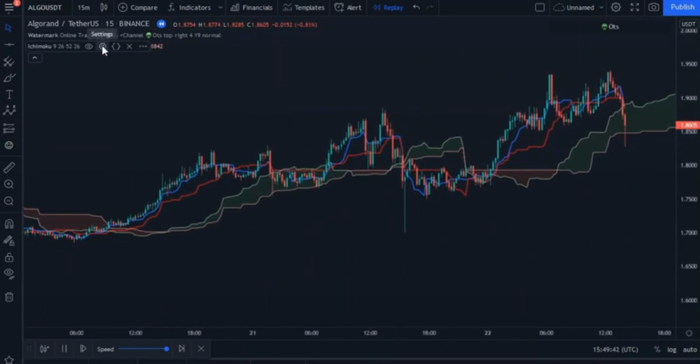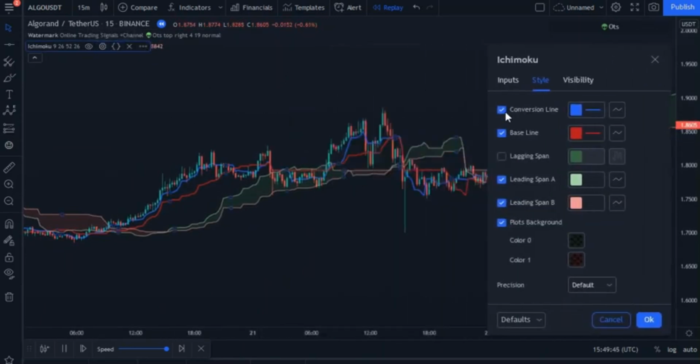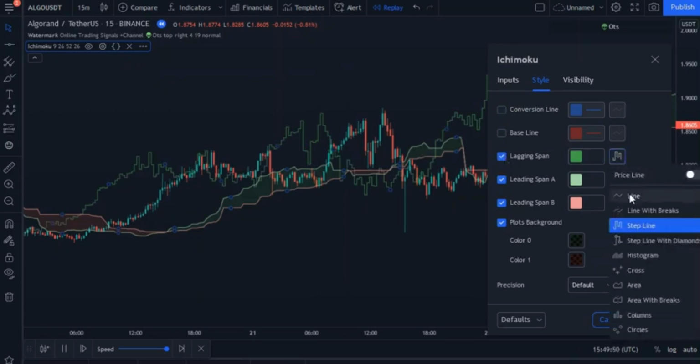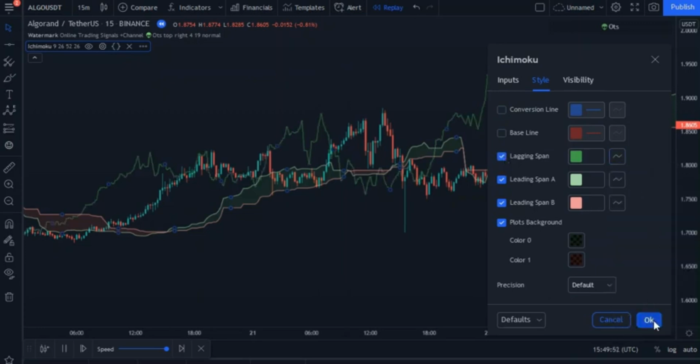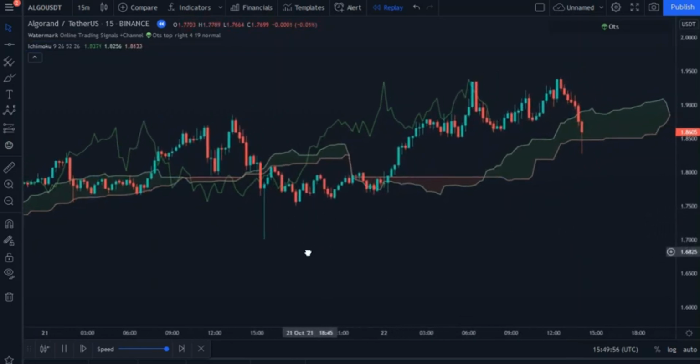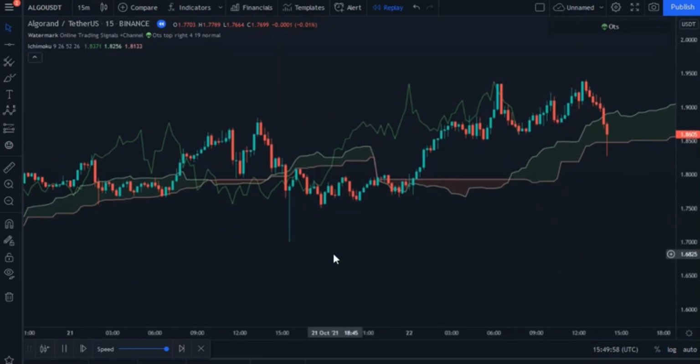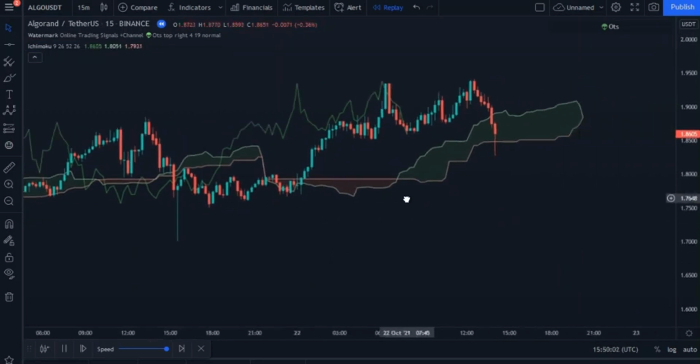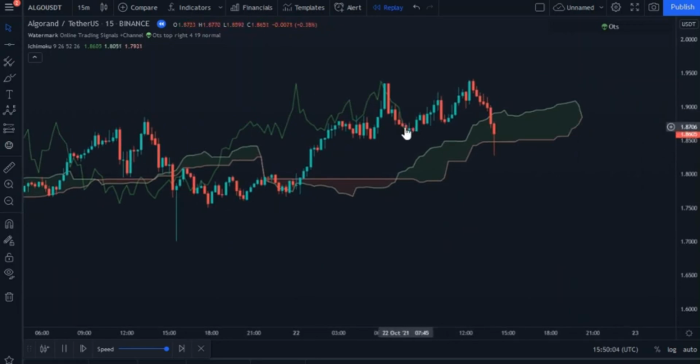Now let's see lagging line and how to use it. As we said earlier, it gives a late signal for the current candles.